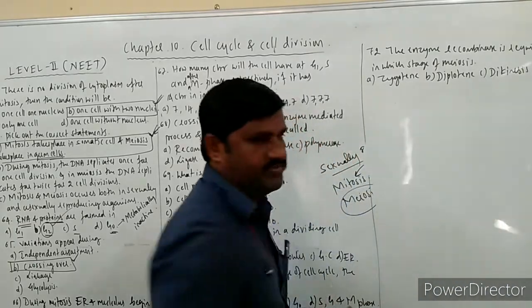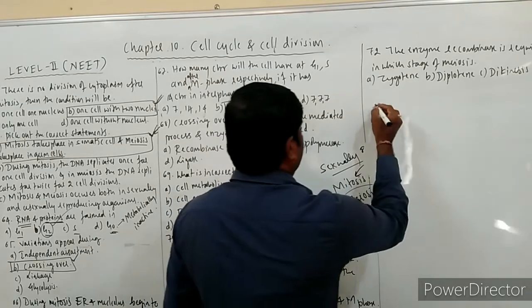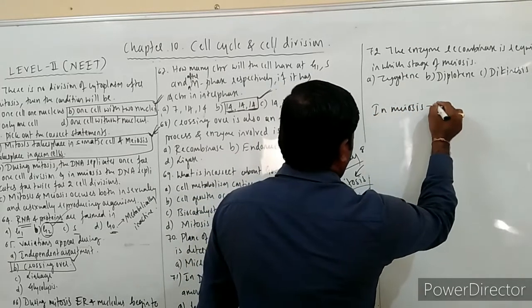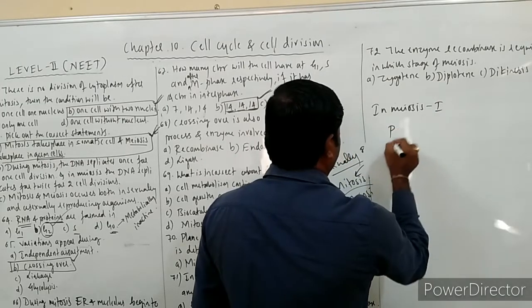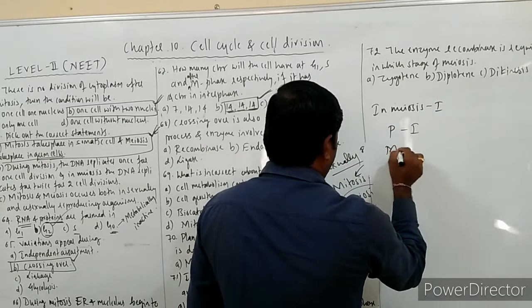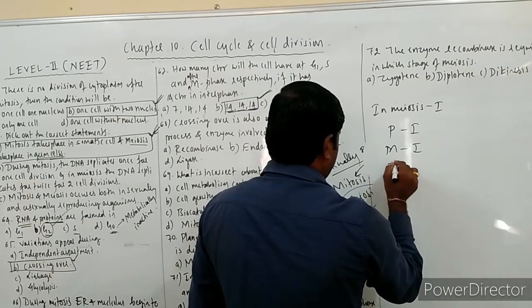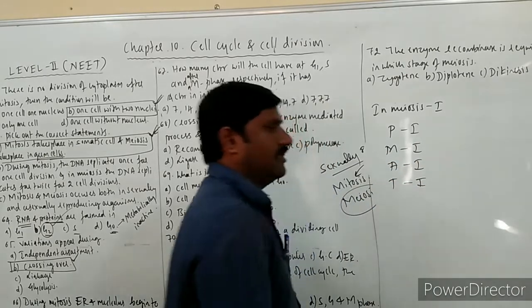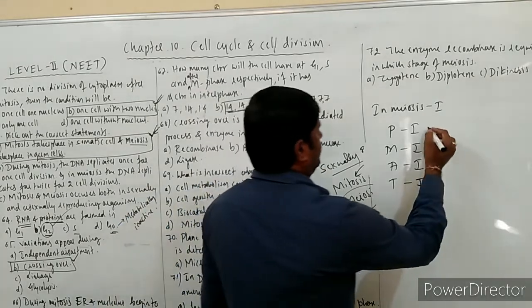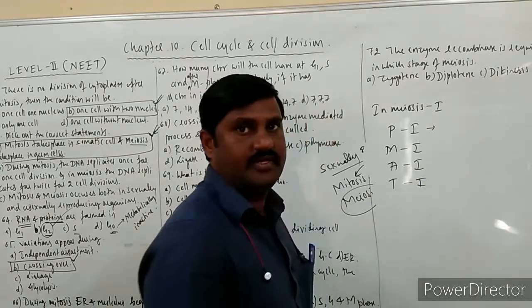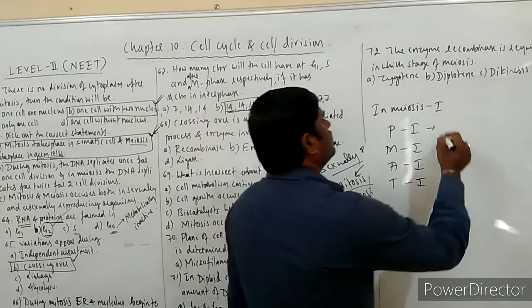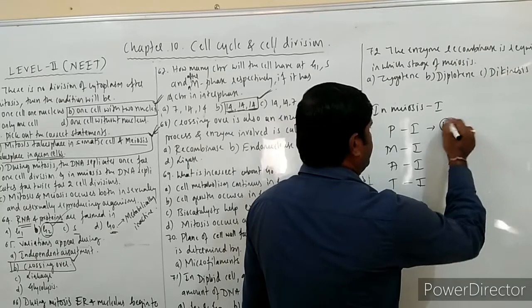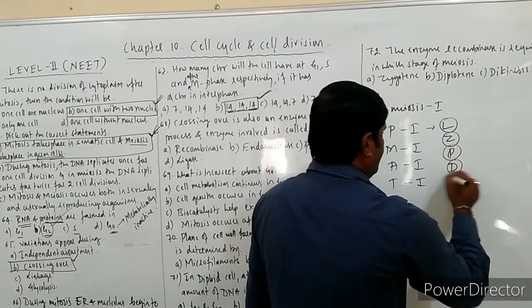Once again, meiosis 1. In meiosis 1, we come across prophase 1, metaphase 1, anaphase 1 as well as telophase 1. In that, prophase 1 is the longest activity. L, Z, P, D, D are the 5 stages we come across, right?